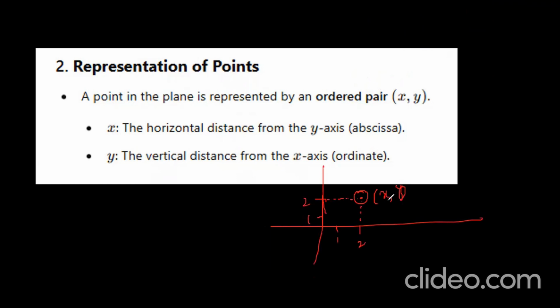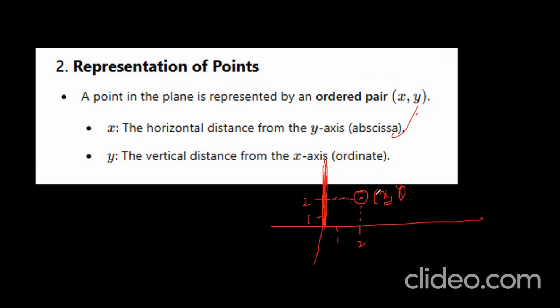What does x represent? It is the horizontal distance from the y-axis. Not from that point, but from the y-axis, how much distance is present, that is called the x-coordinate. It can also be called the abscissa.